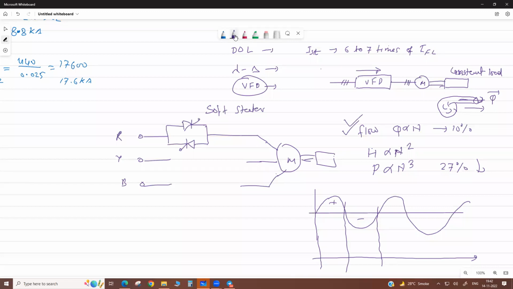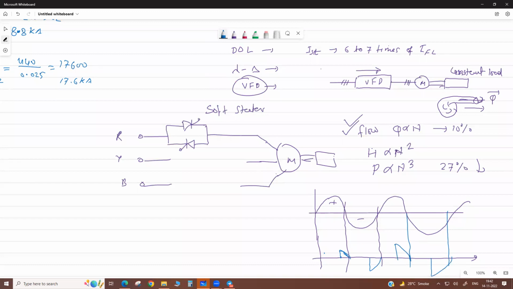So there is a firing angle. We can control the firing angle. Like if we switch on here only, then we get this much voltage only. Then in the negative half, we increase this. Means we control it, and it is increased gradually.